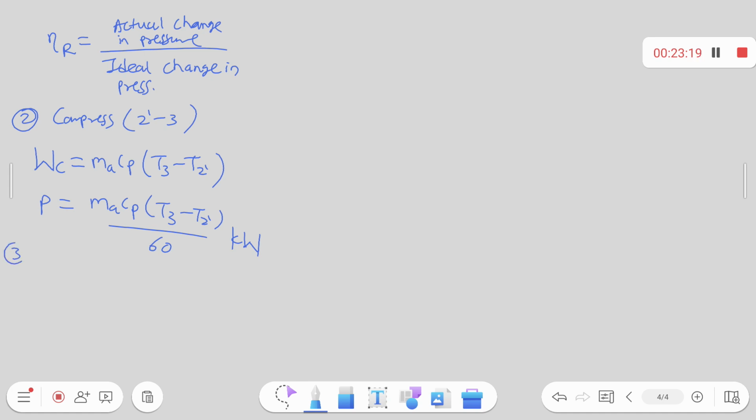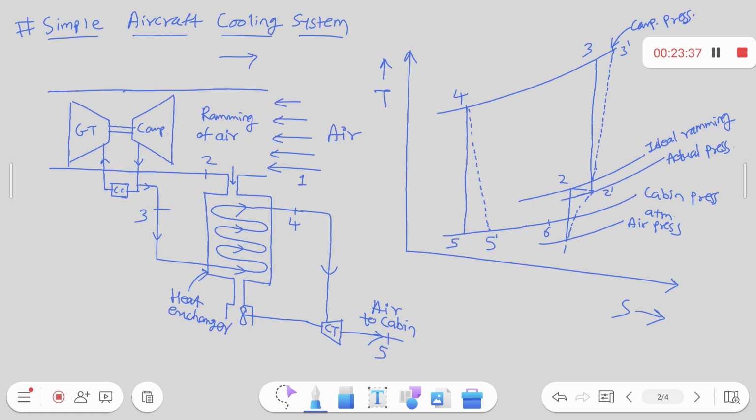Cooling. A rammed air is used for the cooling of compressed air, so that high pressure compressed air temperature will be reduced, 3 dash to 4 in the TS diagram, right?